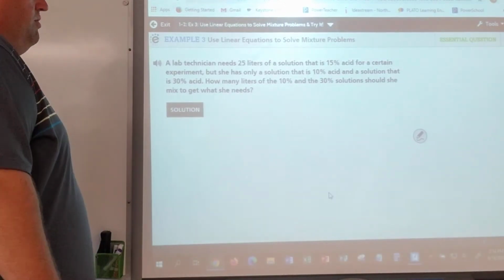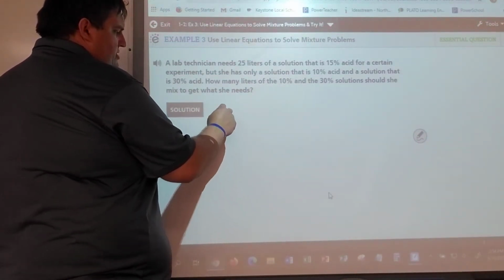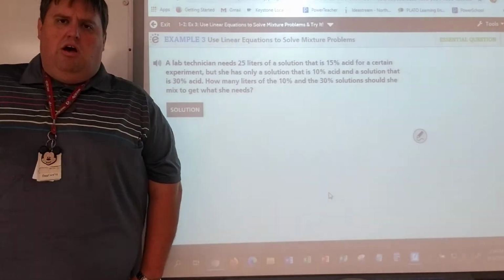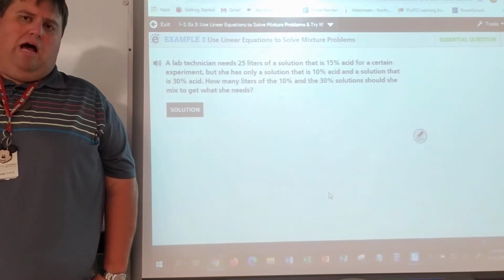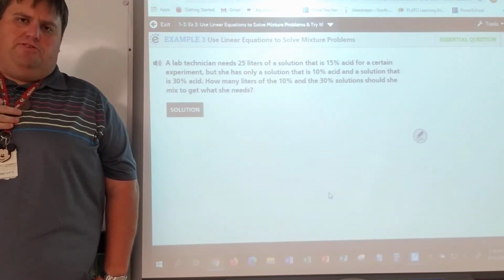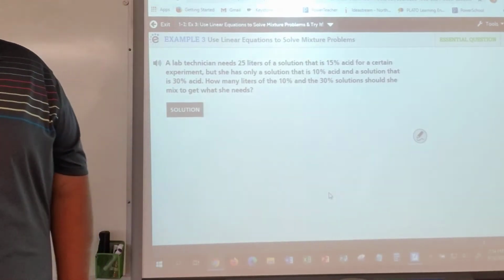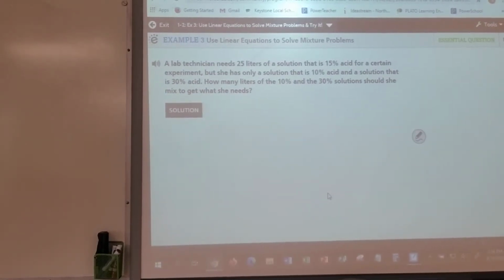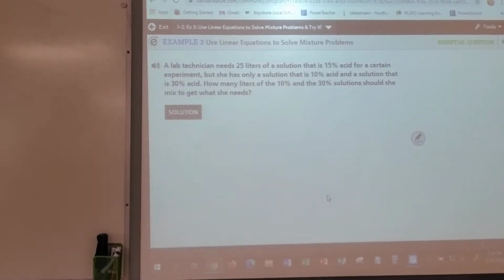So what she's looking to get is 25 liters of this 15% solution. The first thing we know, when we're talking about weighted average problems, anything with percentages, we always change a percent to a decimal when we go to solve that problem. So in this case, we want to change 15%, 10%, and 30% all into decimals when we go to use them.